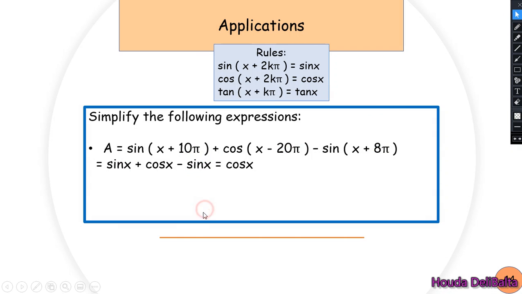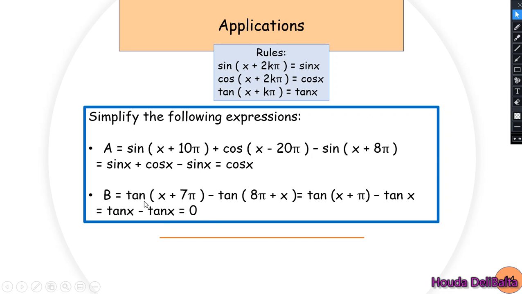The second expression is B equals tangent of x plus 7 pi minus tangent of 8 pi plus x. Now tangent of x plus 7 pi, as we told you here, tangent of x plus any number of pi is just tangent x, and here is the proof, because it is indeed tangent of 6 pi plus pi plus x. 6 pi is even, it's cancelled. 8 pi is even, it's cancelled.